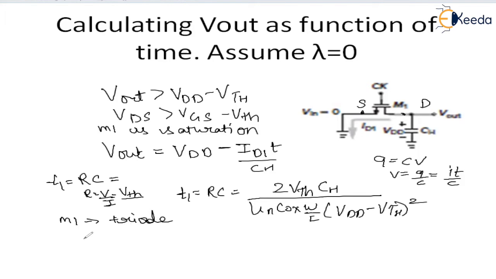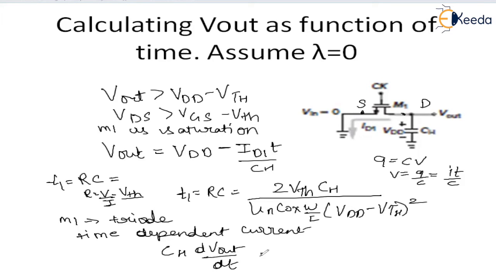It will yield a time dependent current, and we can write CH dVout by dt equals the current. The minus sign indicates that the current flows in this direction from drain to source.